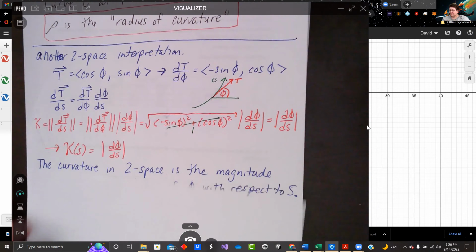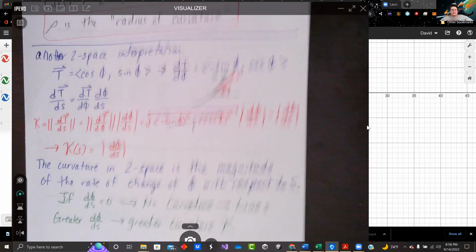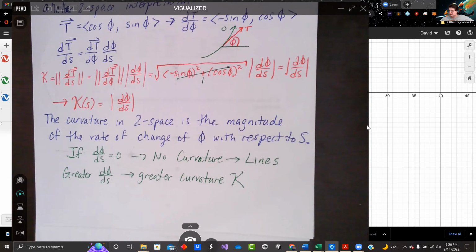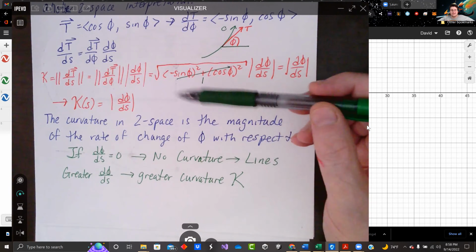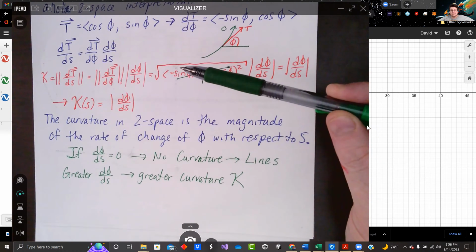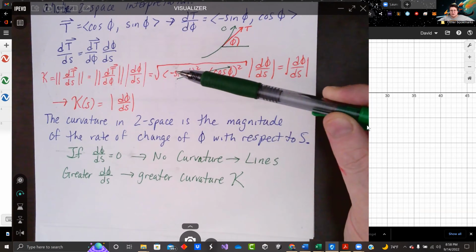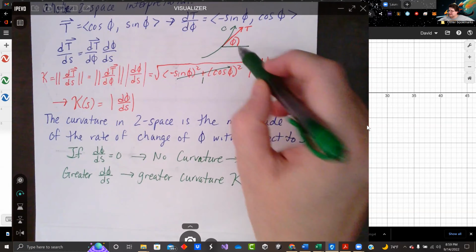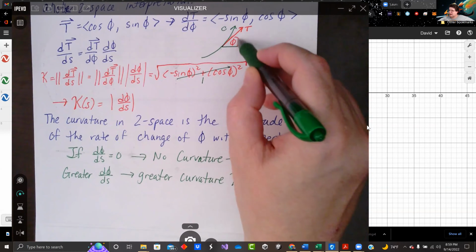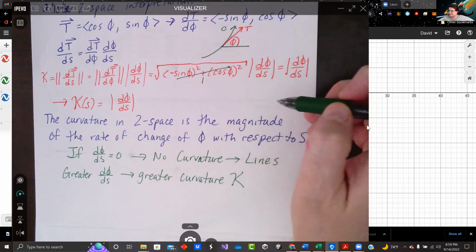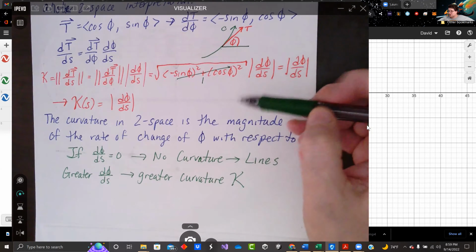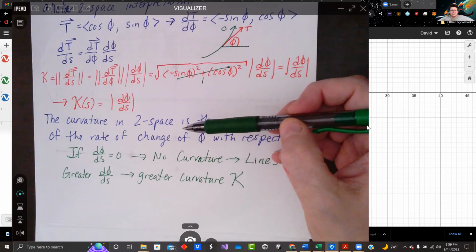So what does that really mean? The curvature in 2-space is the absolute value, the magnitude, of the rate of change of phi with respect to s. So it's how much the angle is changing with arc length as we travel along s. If d phi/ds equals 0, then it's not changing.